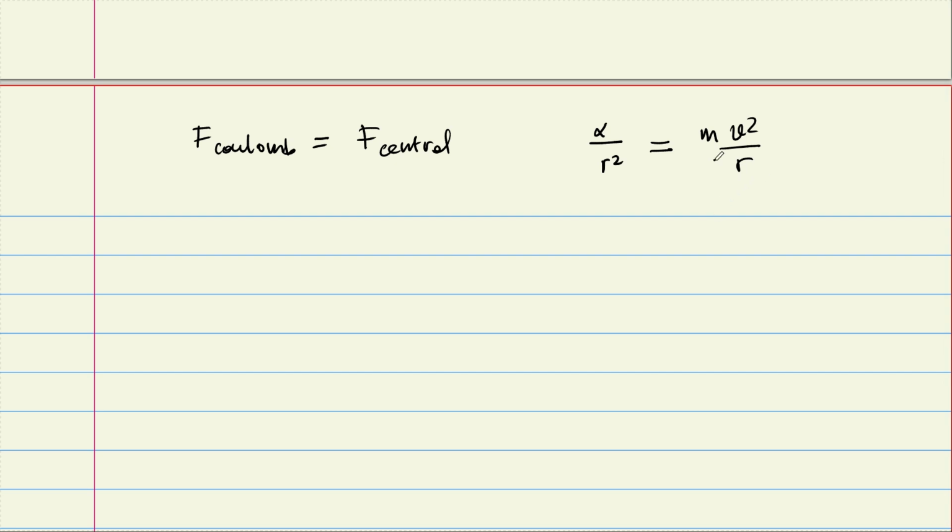Now I want to use this and get an expression for angular momentum, which you will see will be related to frequency. So let me multiply it with m and multiply this with r squared. So cancel this one with this, cancel that one with that. And this thing mvr is angular momentum, so I'm going to call this L squared. Then 1 over r is going to be equal to alpha m divided by L squared.